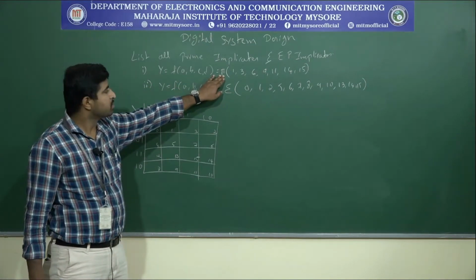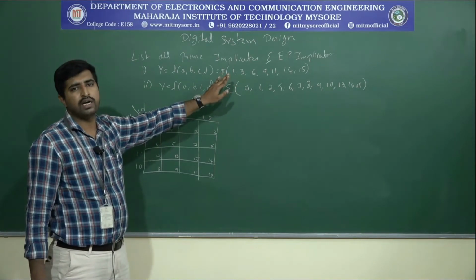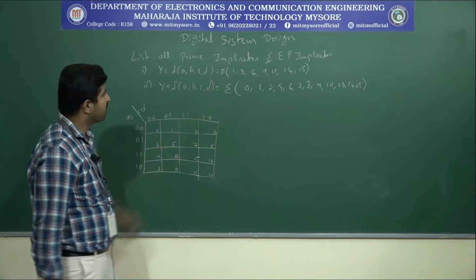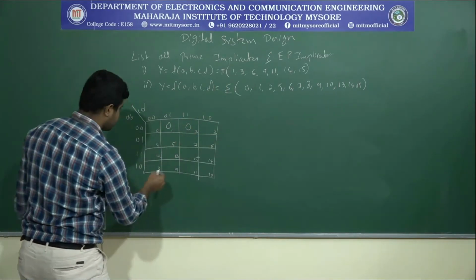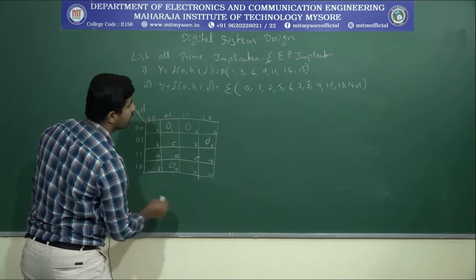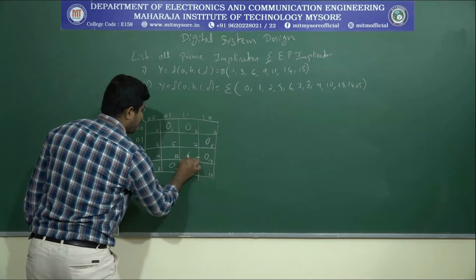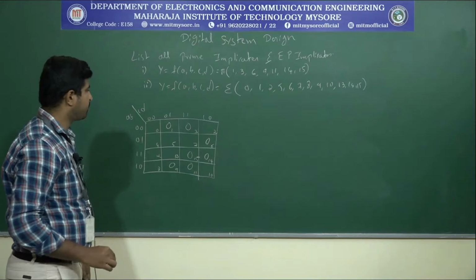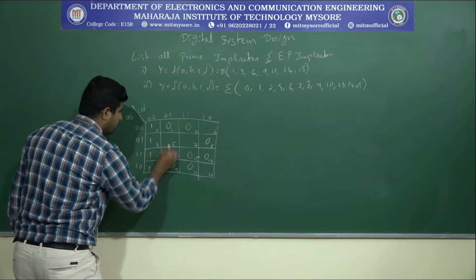So wherever the cell numbers are there, in the terms, we need to place the logic 0. So that's 1, 0, 3, 0, 6, 0, 9, 0, 11, 0, 14, 0 and 15, 0. Okay. So the remaining cells will be logic 1.